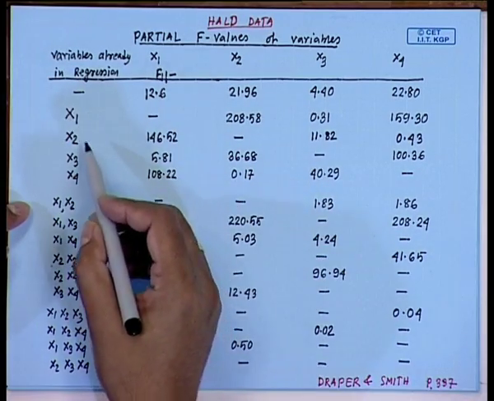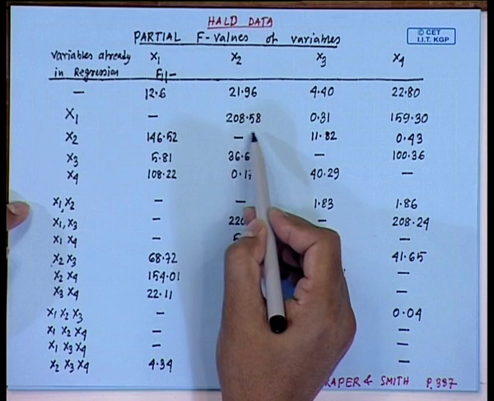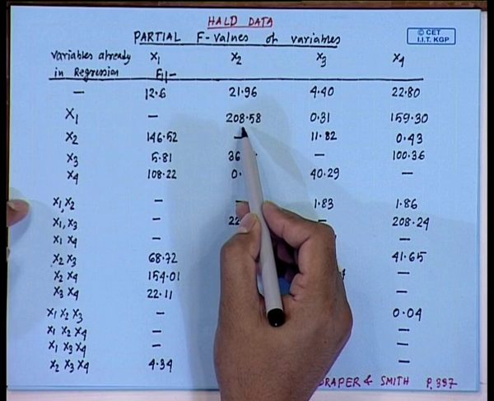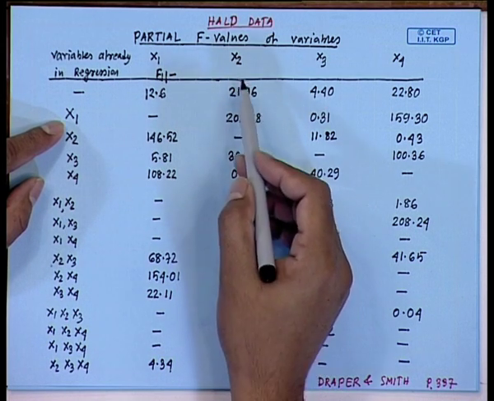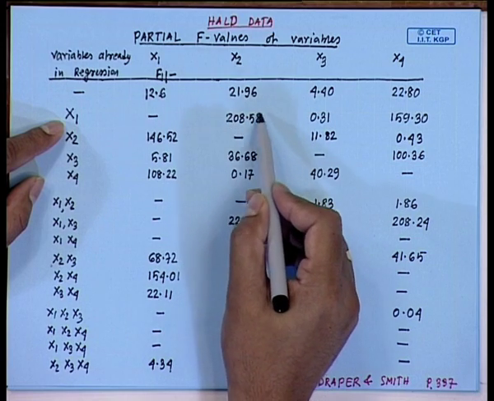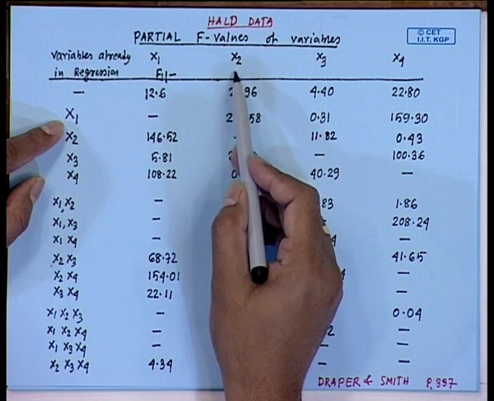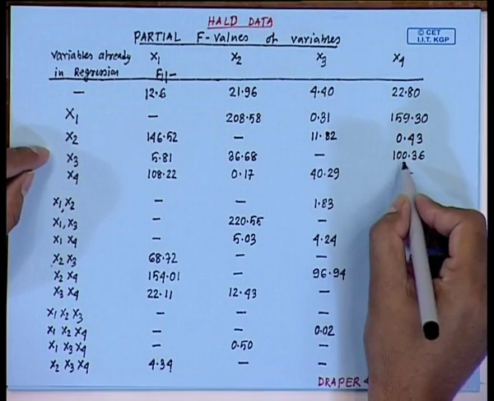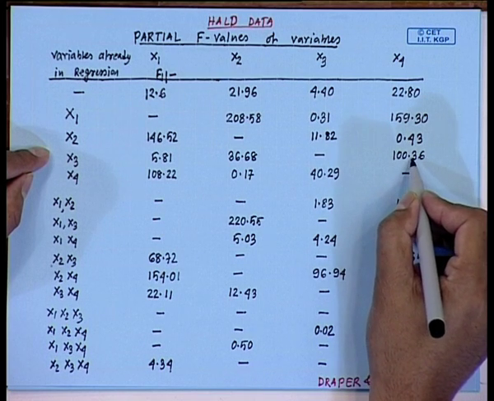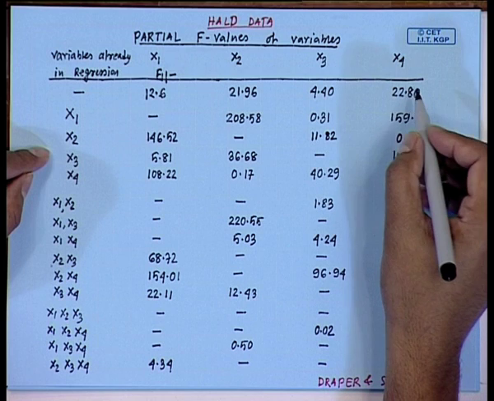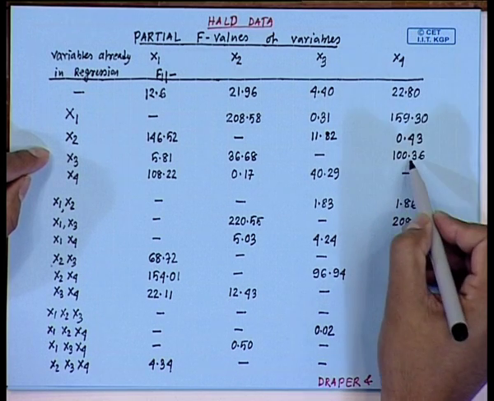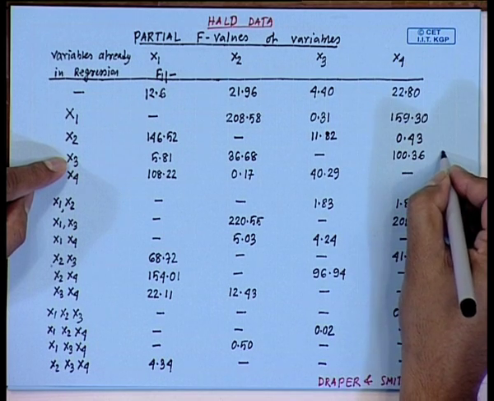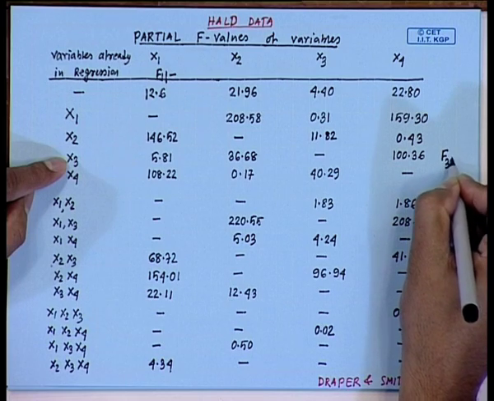Now, the meaning of this value is F 2 in the presence of x 1 in the model. So, this is the partial F statistic value associated with x 2 in the presence of x 1 in the model. Let me consider this value. This F value is the partial F statistic value associated with x 4 in the presence of x 3 in the model, right. So, this one is basically F 3 4.